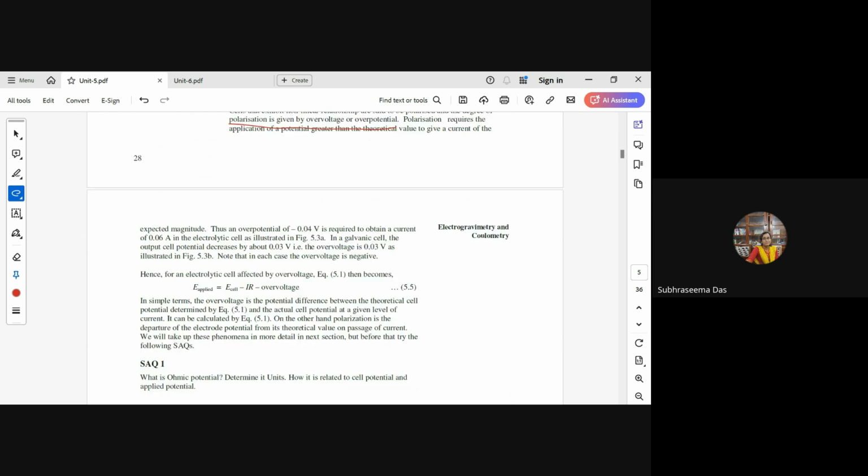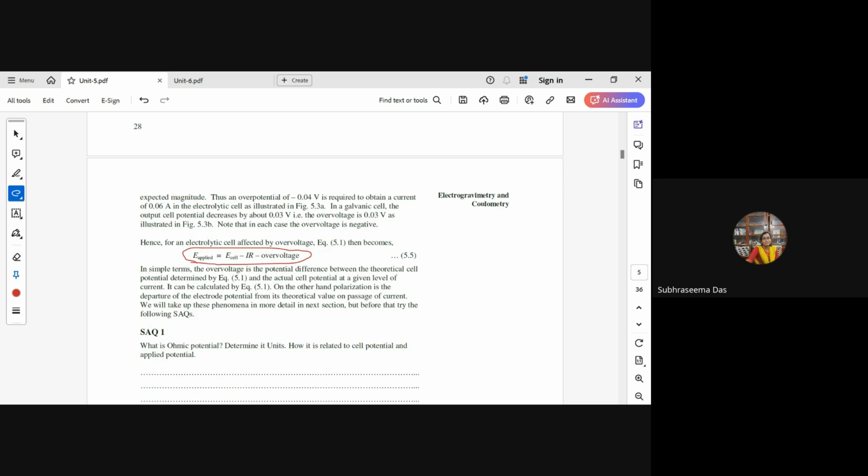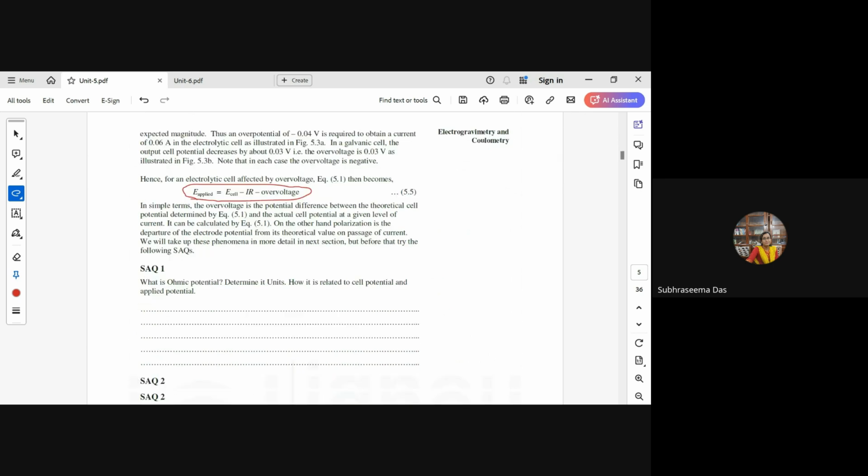So for an electrolytic cell, we can write E applied is equal to E cell minus IR minus overvoltage. Simply put, overvoltage can be defined as the potential difference between the theoretical cell potential, which is normally determined, and the actual cell potential at a given level of current.